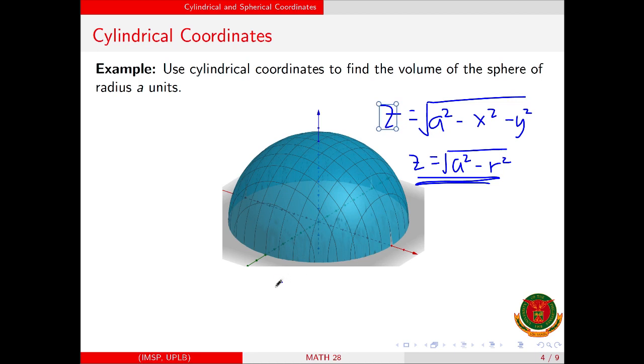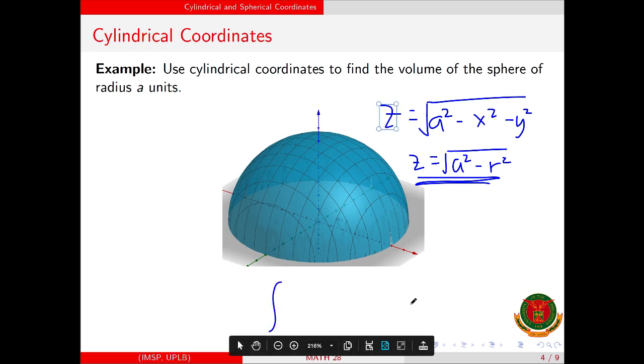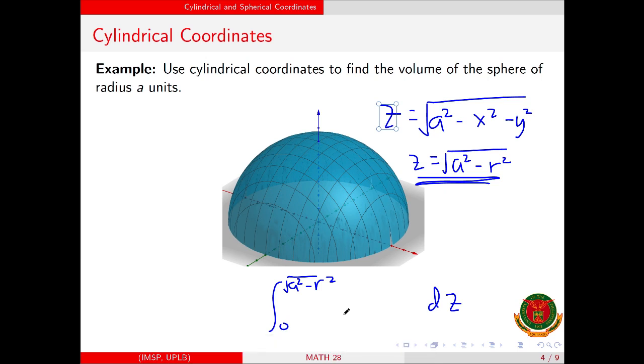So in our triple integral, the innermost integral is governed by the variable z. So the bounds for z here is 0 to square root of a squared minus r squared. The two outer integrals can be represented on the xy plane.